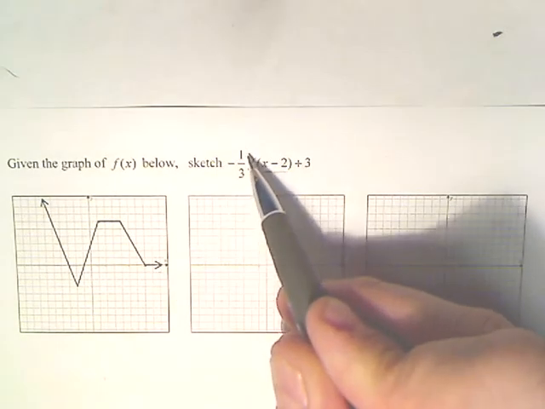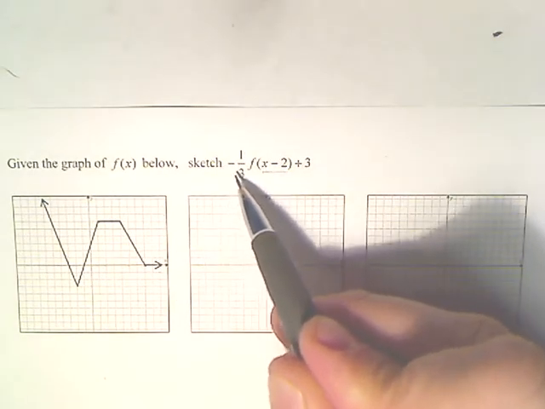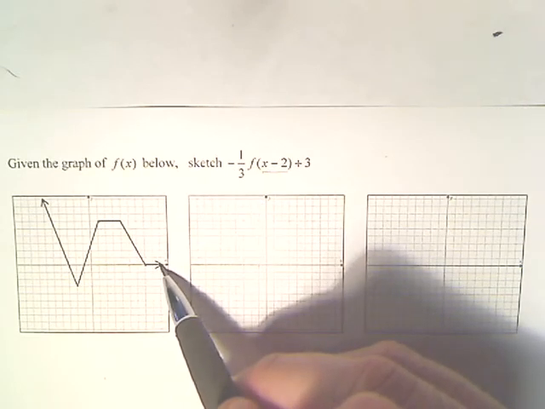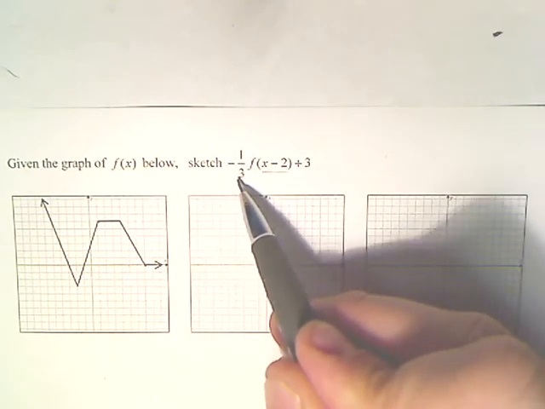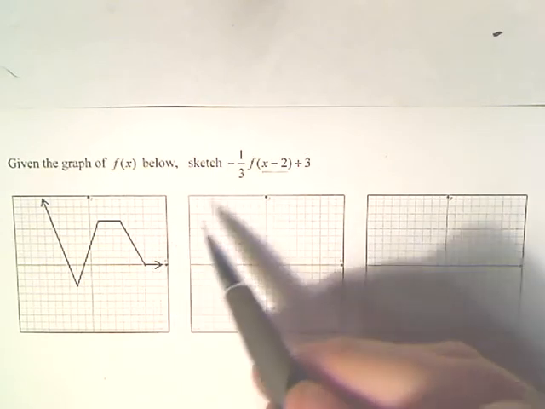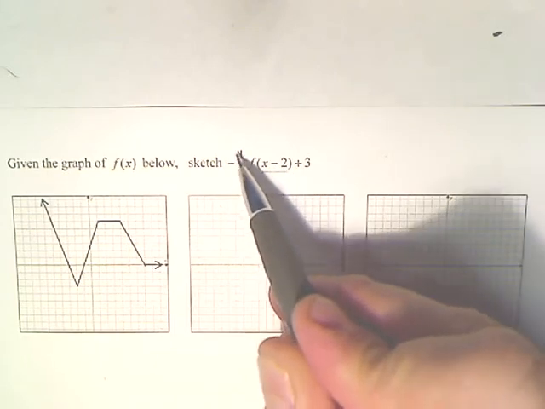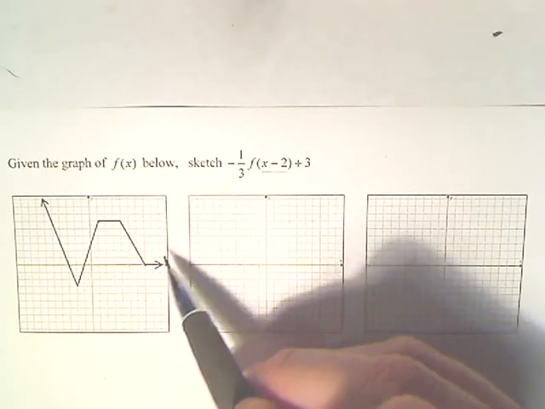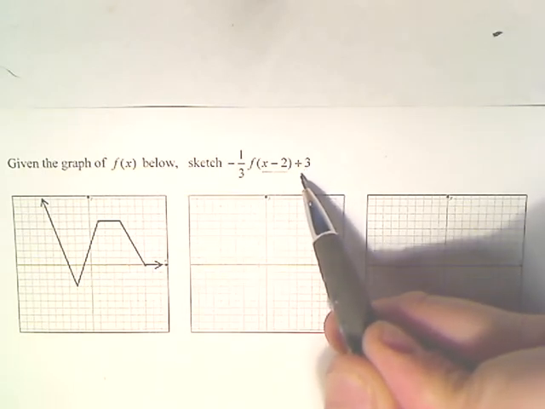At that point, I take the a value out in front, which basically multiplies the y value by the number that it is. The current y value after you move it to the right 2 is 0. 0 multiplied by 1/3 is still 0. So after moving it right 2 and multiplying by 1/3, you're still in this location. Last, and always last, is the up or down shift.